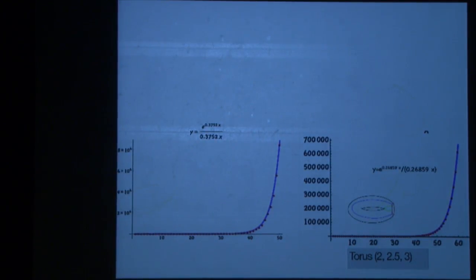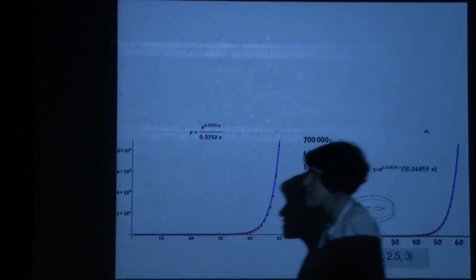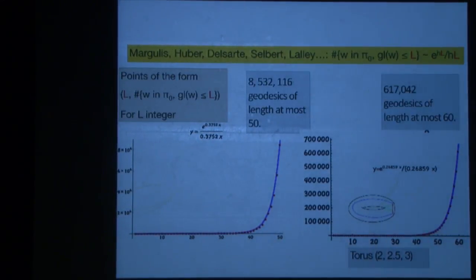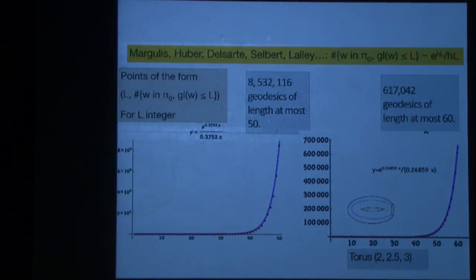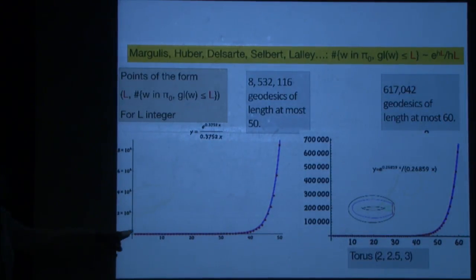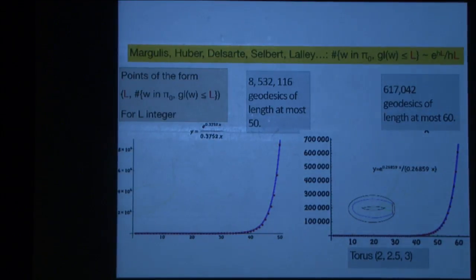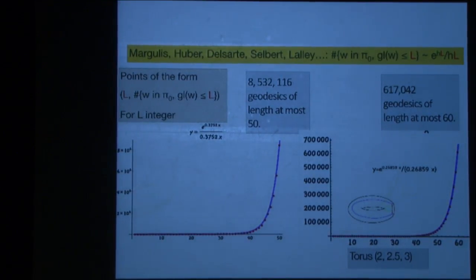This is one of the things that is important for me for understanding. So I just counted all geodesics. This picture corresponds to a torus, a certain torus with a certain metric, with a geodesic boundary component.